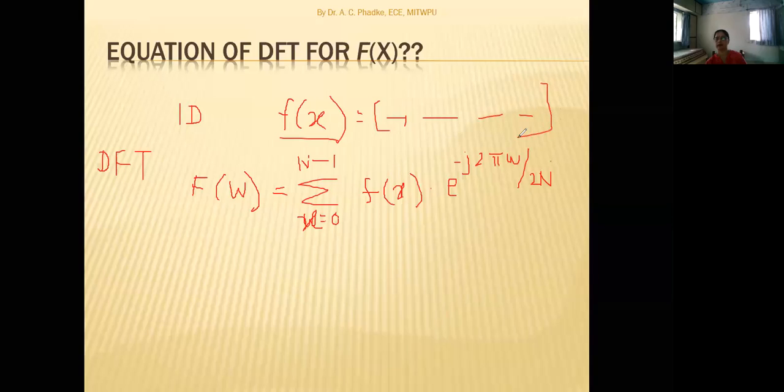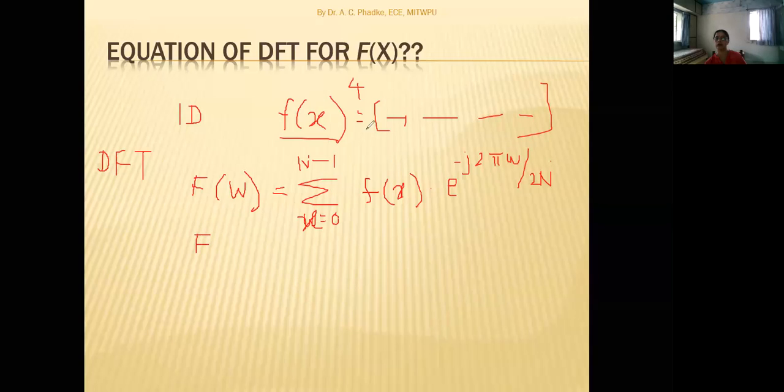Accordingly, the length of this vector f(x) is decided. You have to consider all these samples from the given signal and multiply each term by e raised to minus j 2 pi w by 2N. Say if there are 4 samples in the input signal, this summation will vary from 0 to 3, and w also varies from 0 to 3.